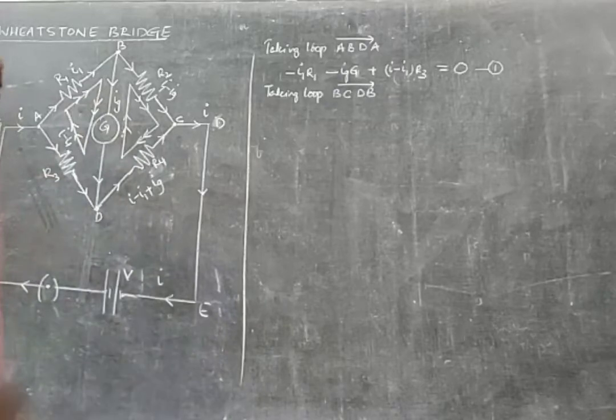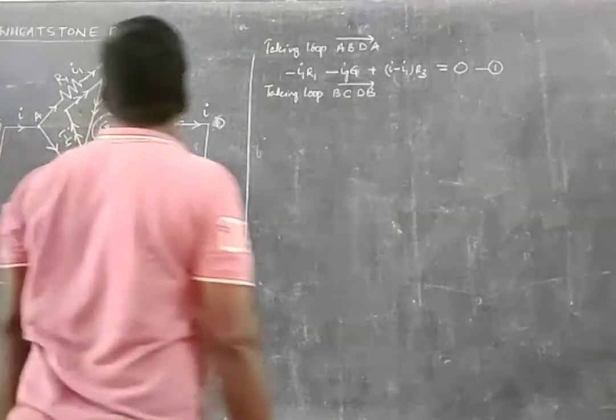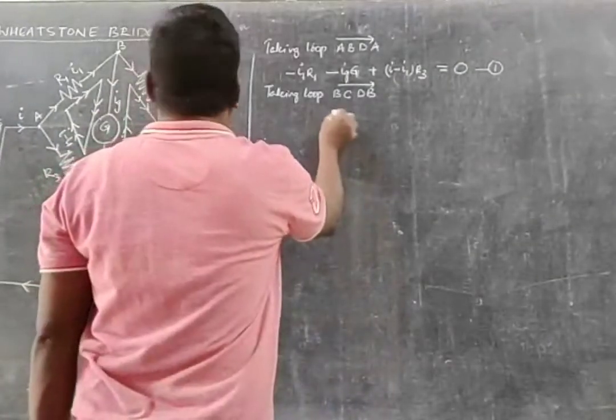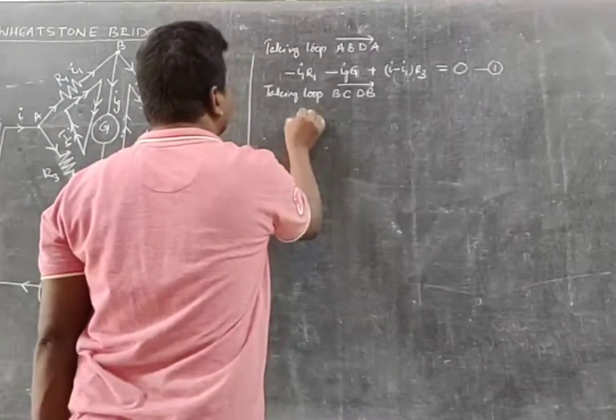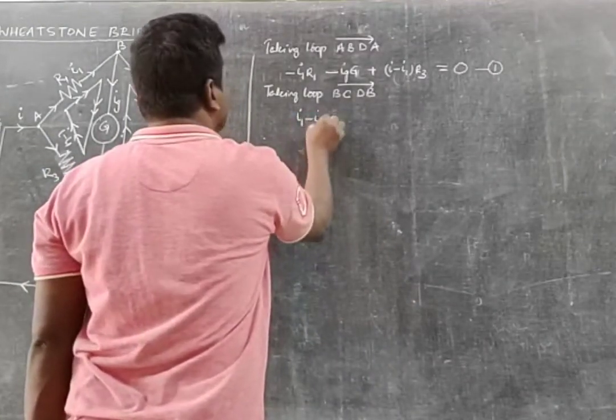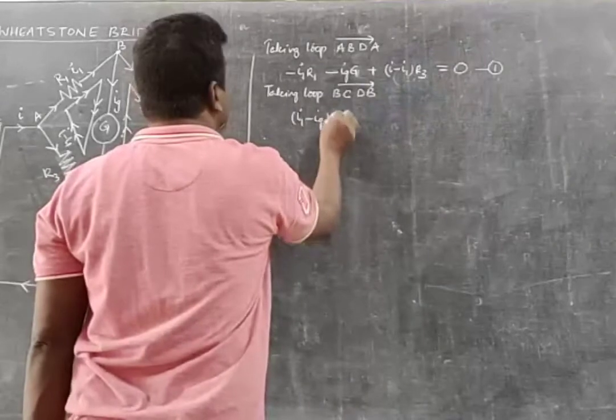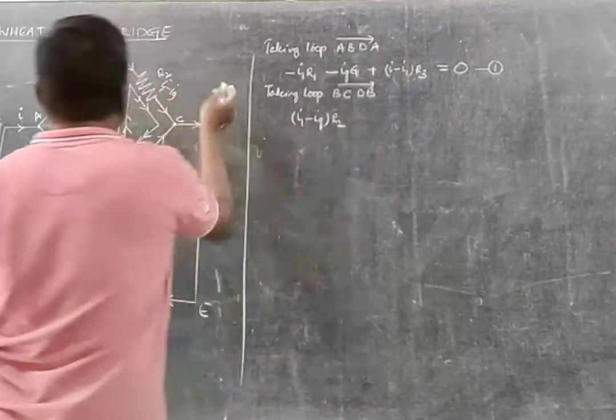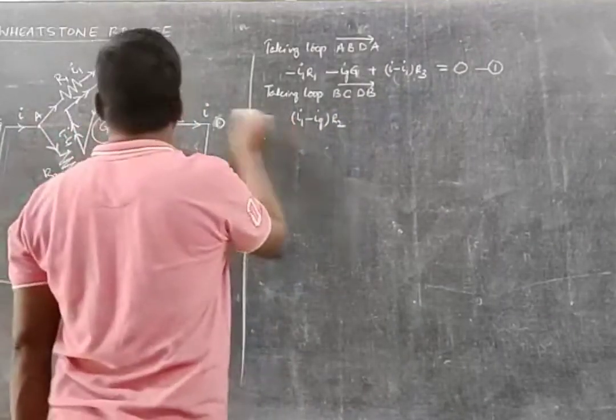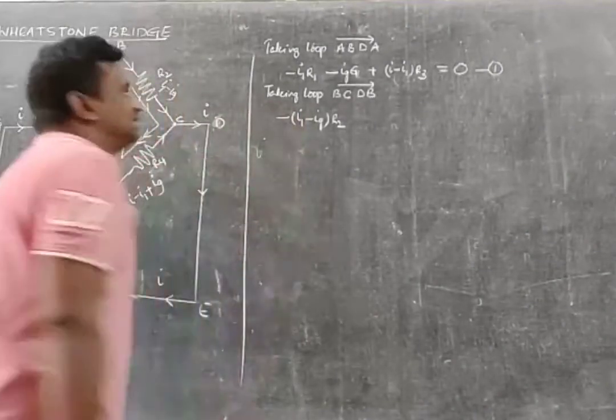The potential across BC is I1 minus Ig into the resistor R2, and the directions are both the same, so I'll make it negative.